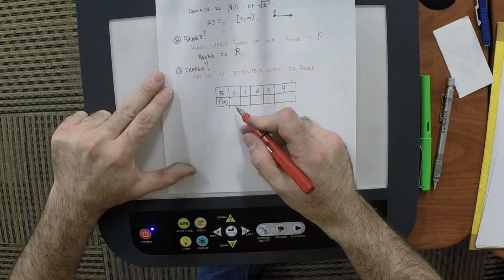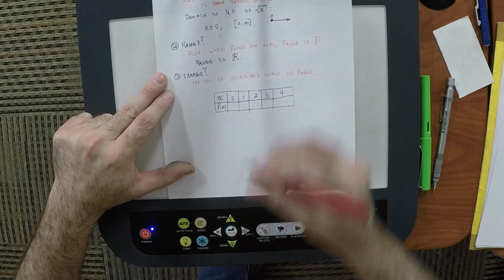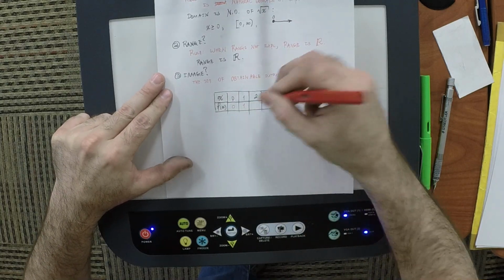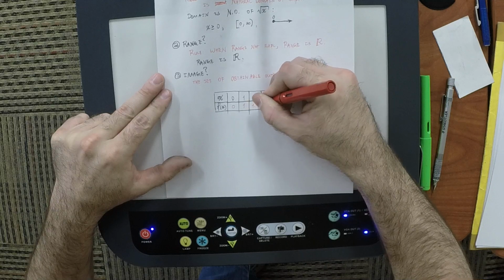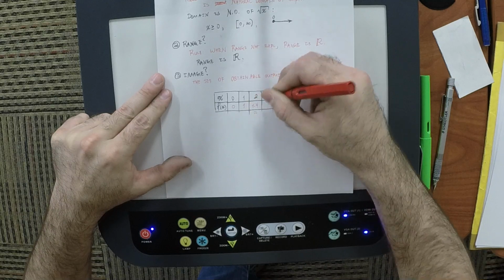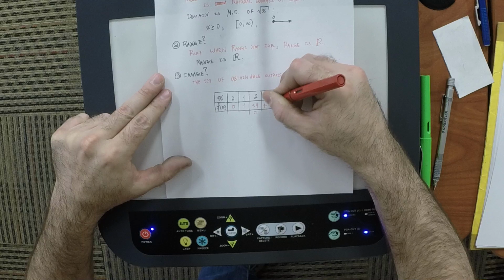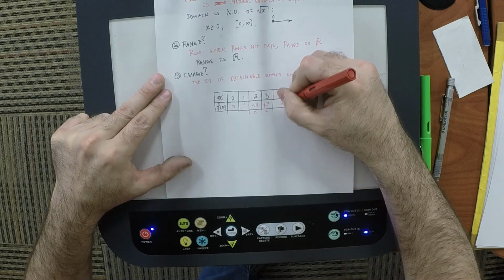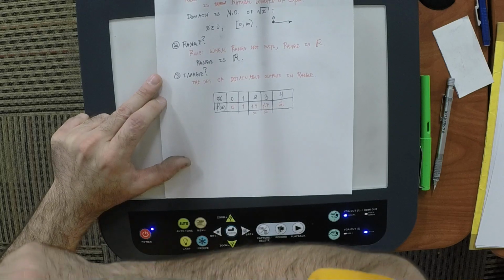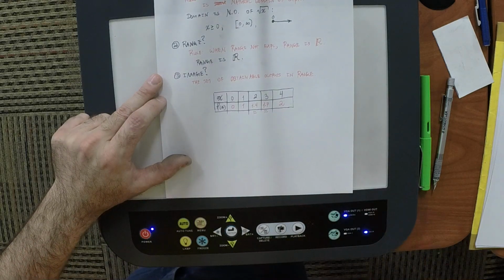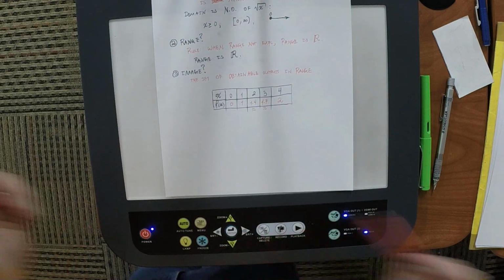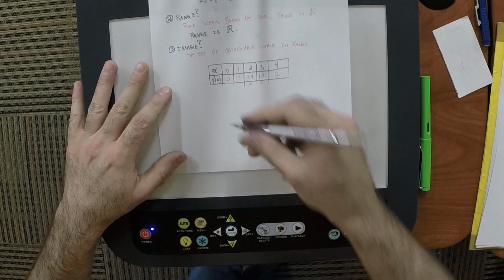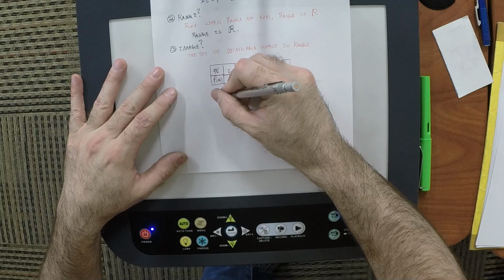So if you give input 0, the square root of 0 is 0, the square root of 1 is 1, the square root of 2 is about 1.4, the square root of 3 is about 1.7, the square root of 4 is exactly 2. And we could go on and do some more, but that'll be enough for now.